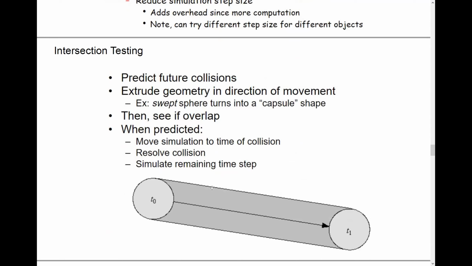When a collision is predicted through this algorithm, it moves the simulation to the time of collision, then it resolves the collision, and then it simulates the remaining time.